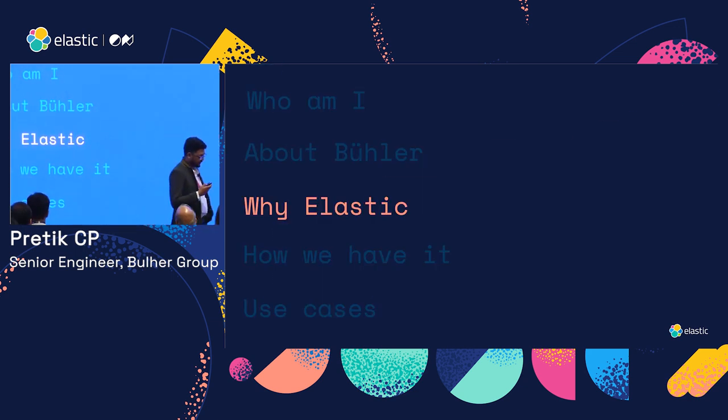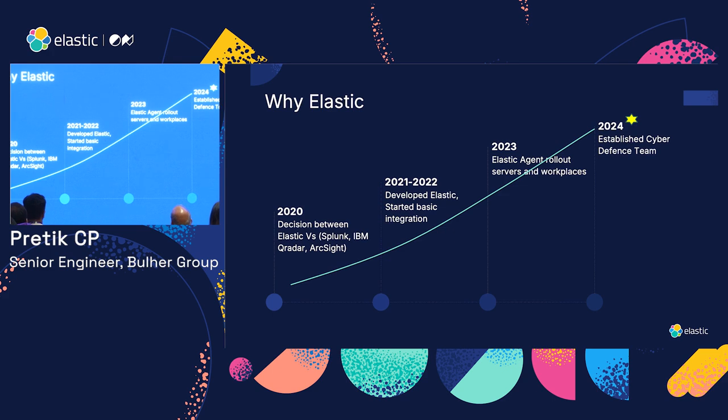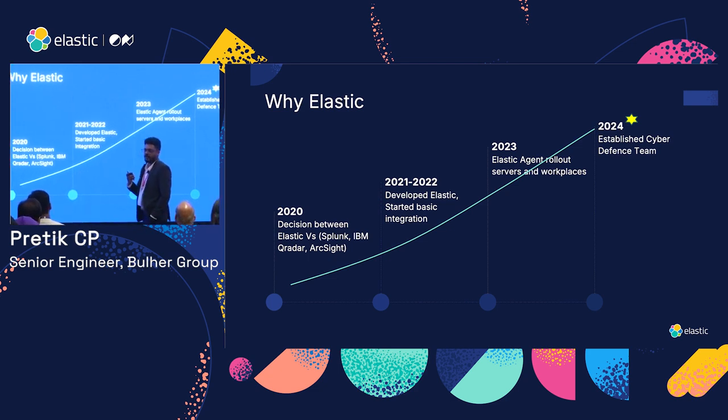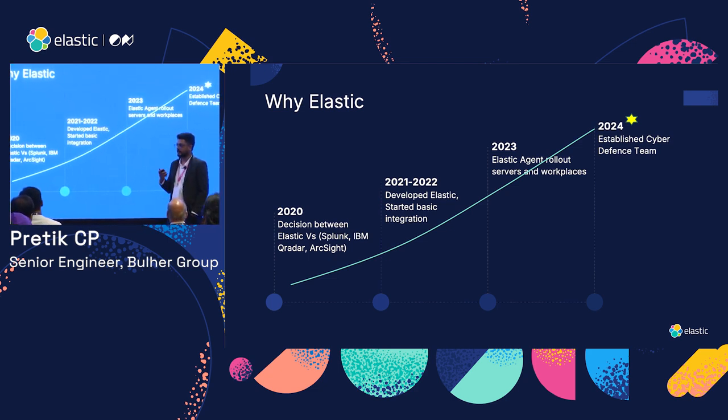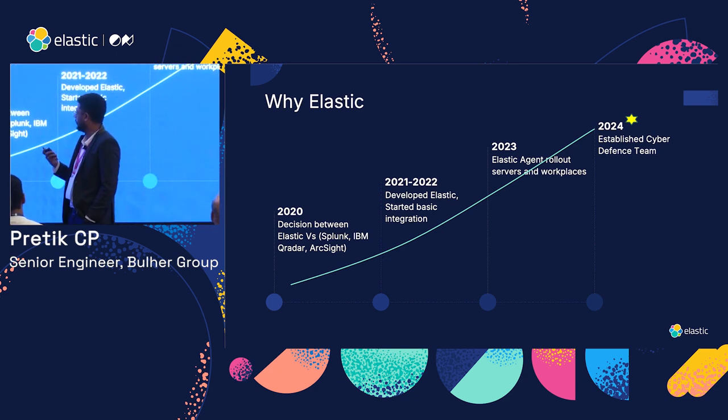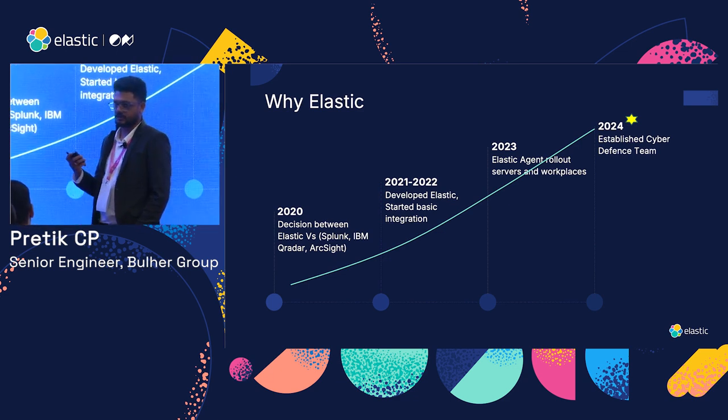Next, I will be talking about why exactly we chose Elastic. As you can see in the previous slide, we are mainly manufacturers building products, where our customers are in contact with B2B for their sustainable solutions.